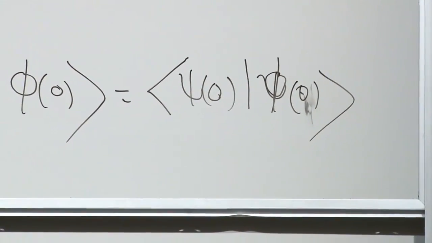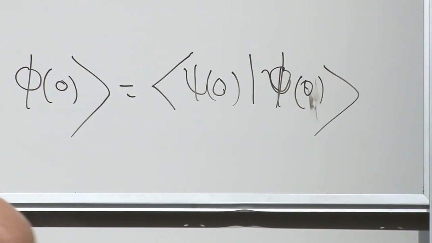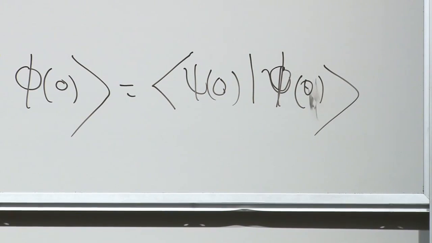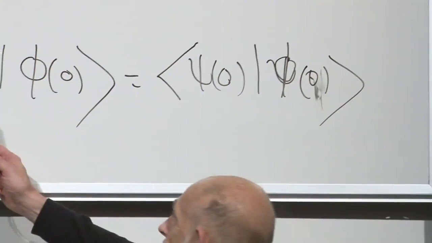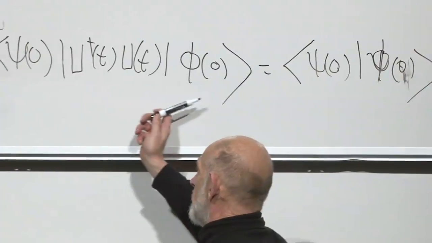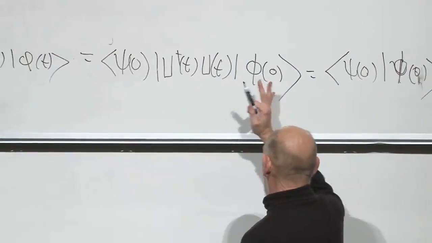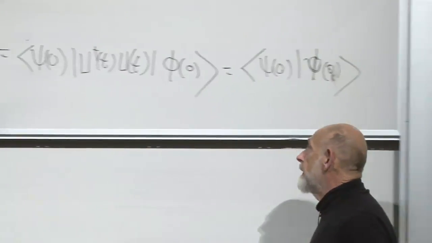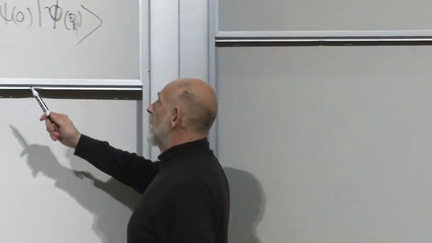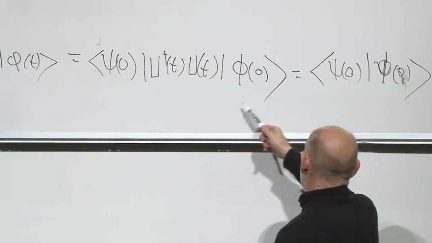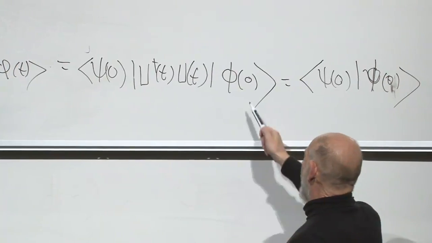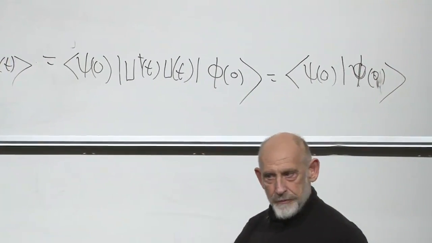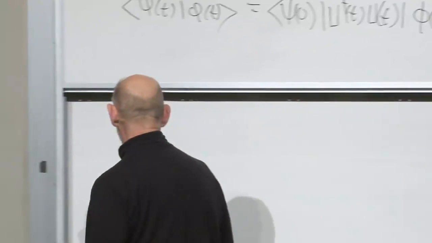Well, here's a theorem. This is, again, very, very easily proved by going to a basis. The matrix elements, or the product like this, if this equation is true for any pair of vectors, in other words, I'll write the theorem in general.